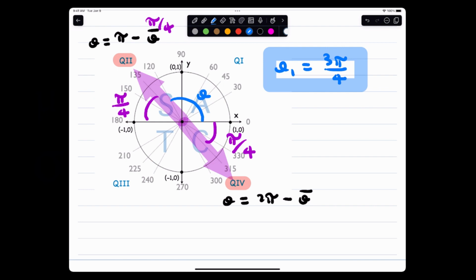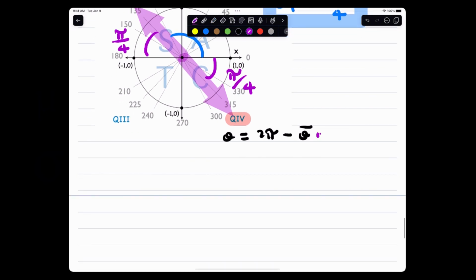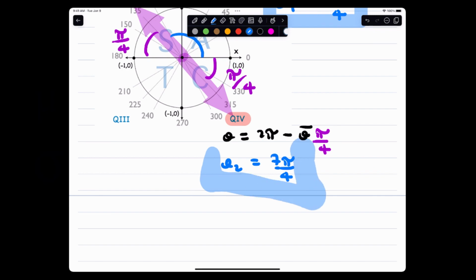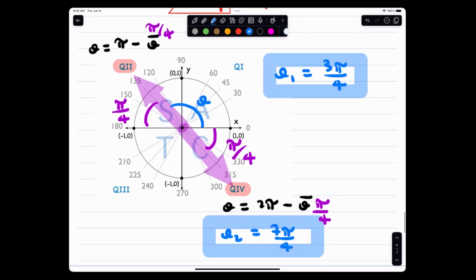And like we did before, if the reference here is pi over 4, the second solution will be 7 pi over 4. Check your notes. We already did the what? Arithmetic. So this is how we get the two solutions, ladies and gentlemen.